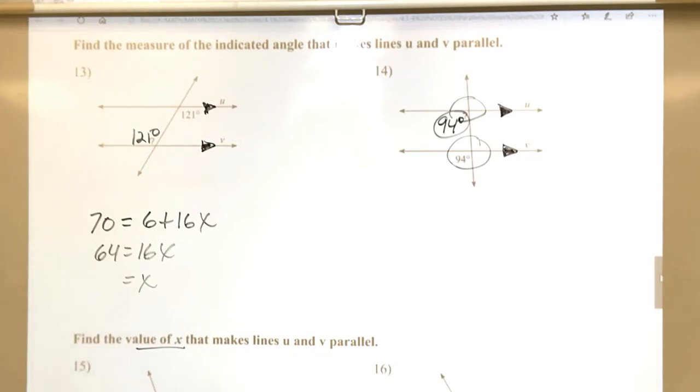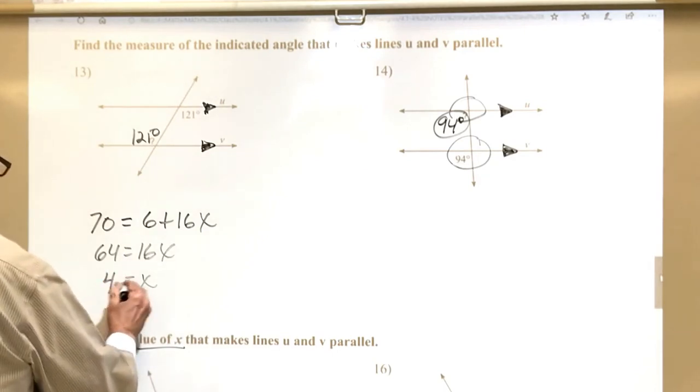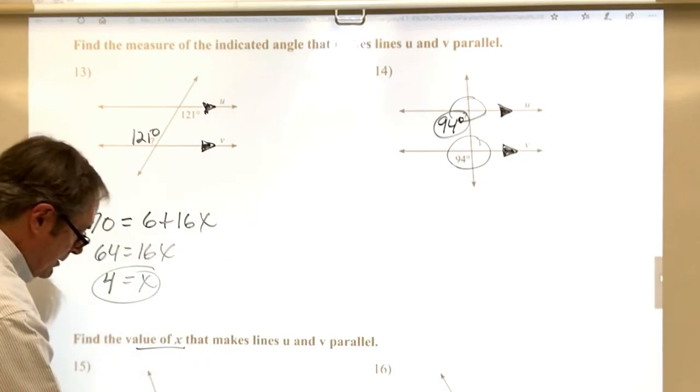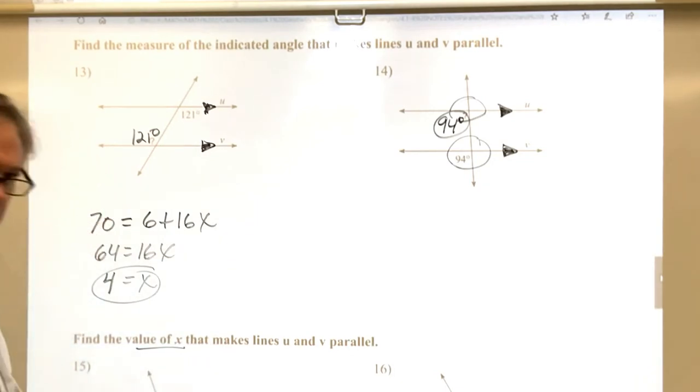Divide both sides by 16, x would equal 4. So if x is 4, then this becomes 70 degrees, which is congruent with that one, which means therefore these two lines are parallel.